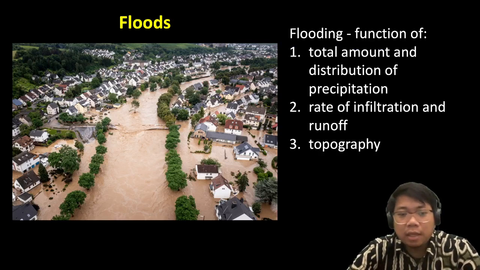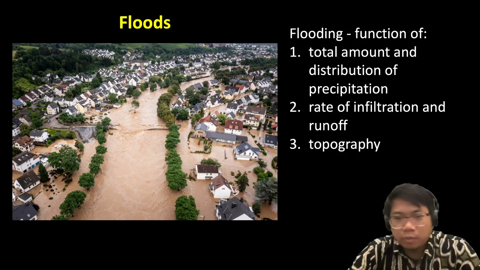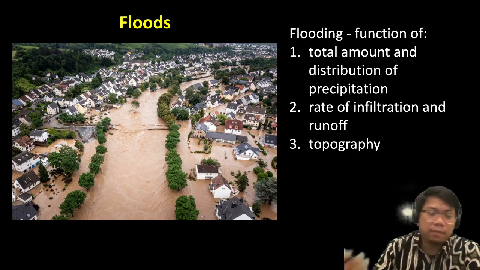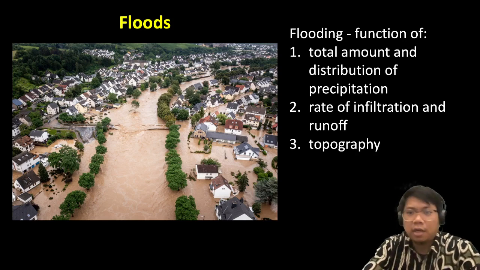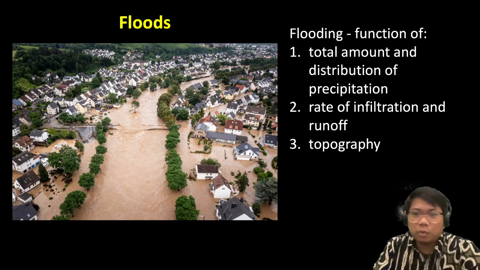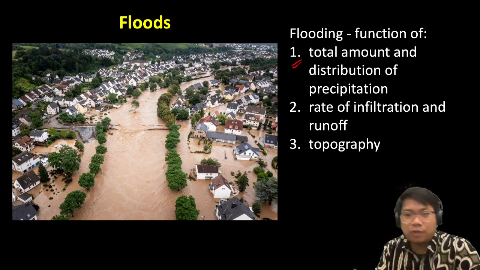Floods can occur because of these factors that I have listed here. Typically, it's a combination of at least two of them, or sometimes a combination of all the factors that you see here. Flooding is a function of the total amount and distribution of precipitation, basically the amount of rain or snow that we had in that region.